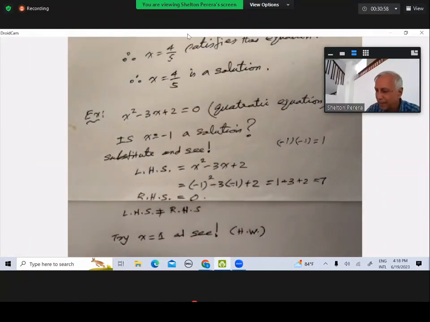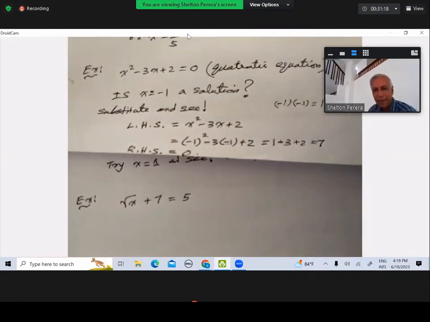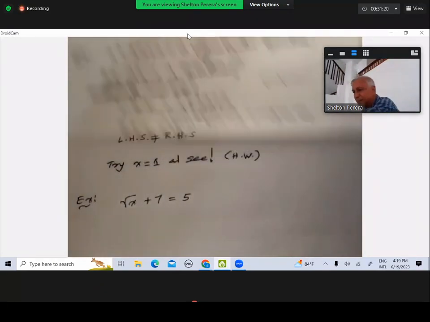Something like the next example. This is also an equation: square root of x plus 7 is equal to, say, 5. Look at that equation. What are the solutions?